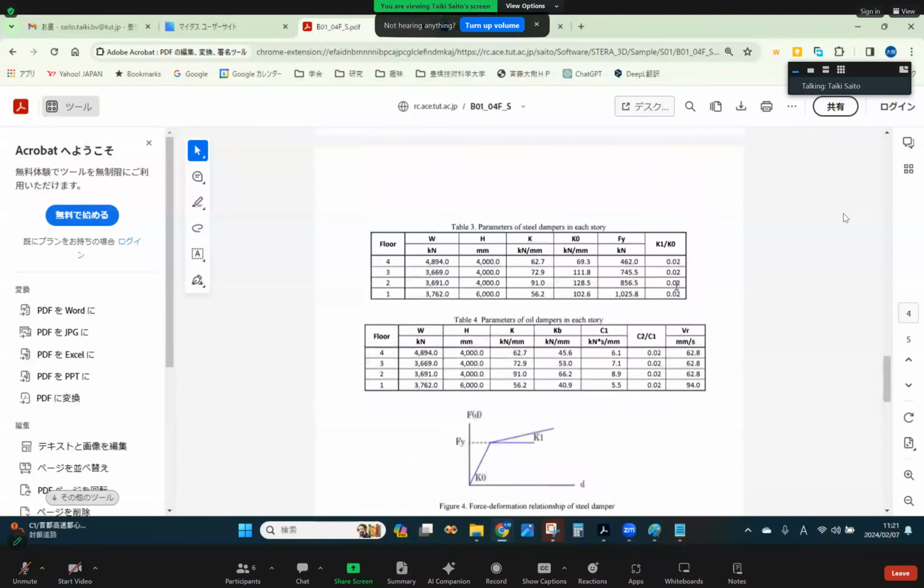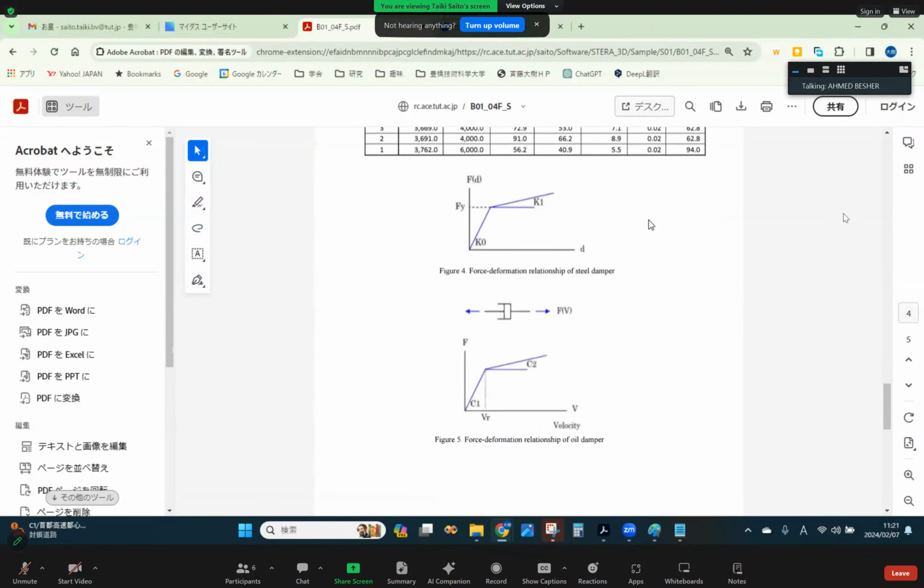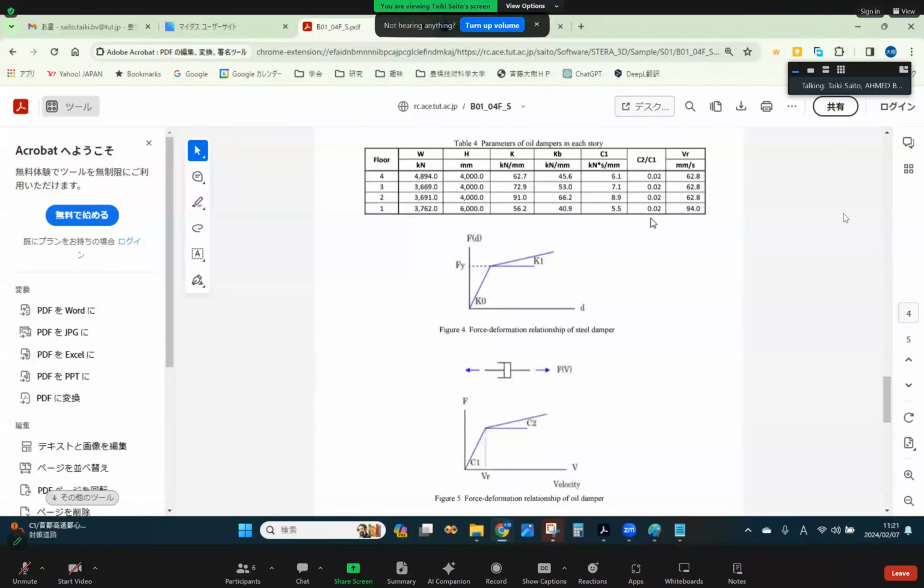So Stella 3D adopts this design, but the design itself was not done by me. It was done by Professor Kasai, based on the performance curve. And there's no viscoelastic damper yet. Yes, that's what I'm trying to develop now.